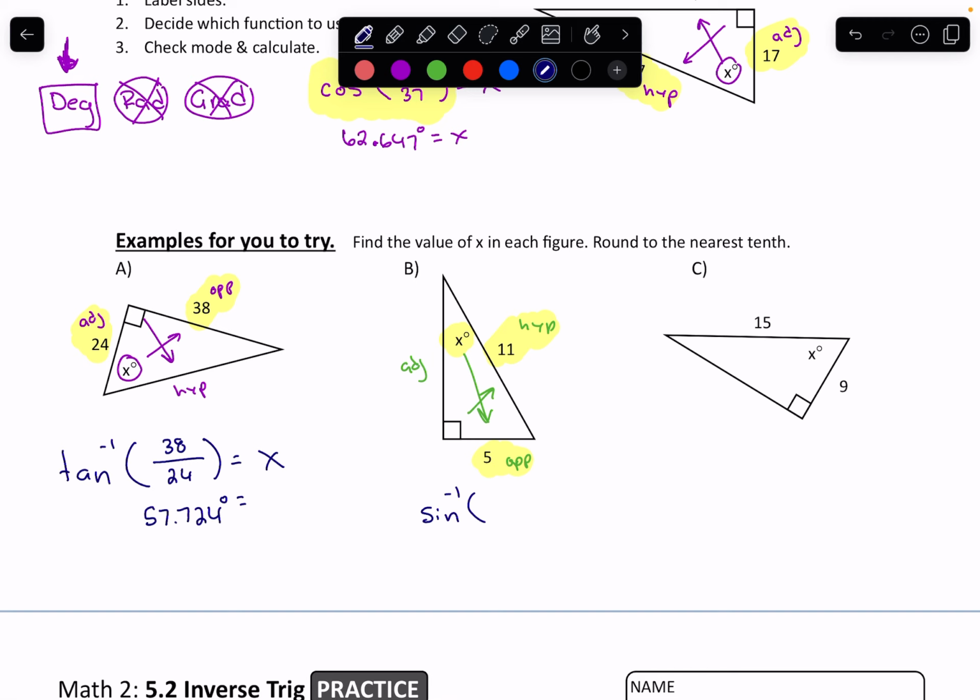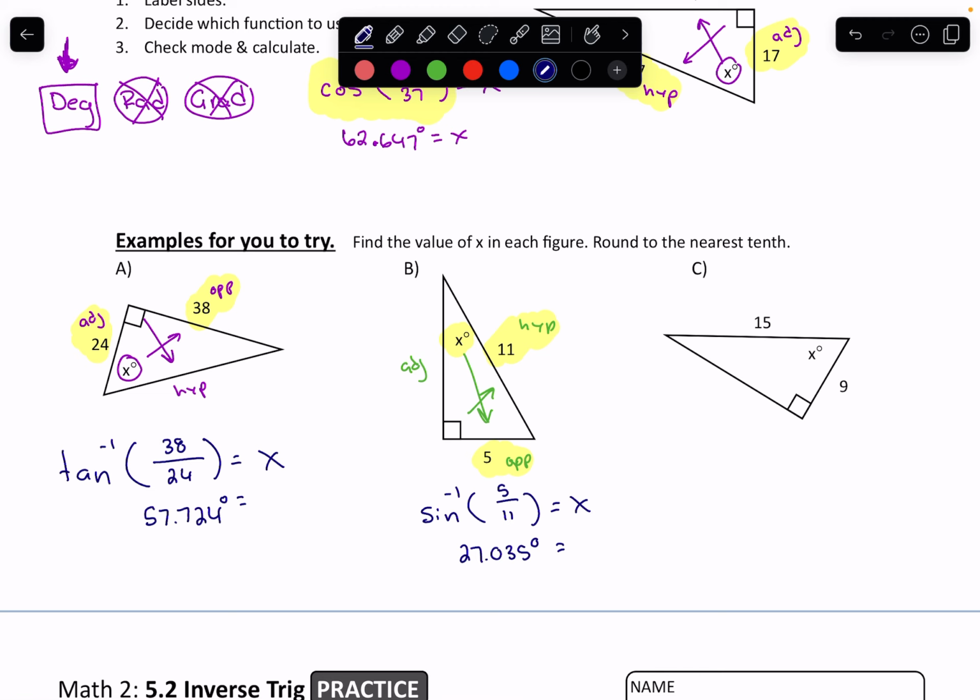So opposite goes on top. Hypotenuse goes on the bottom. When I plug that into my calculator, that parenthesis in this case doesn't mean multiply. But when I plug that in my calculator, 5 divided by 11, go away button, then I get 27.035. 27.035 degrees is my X value.